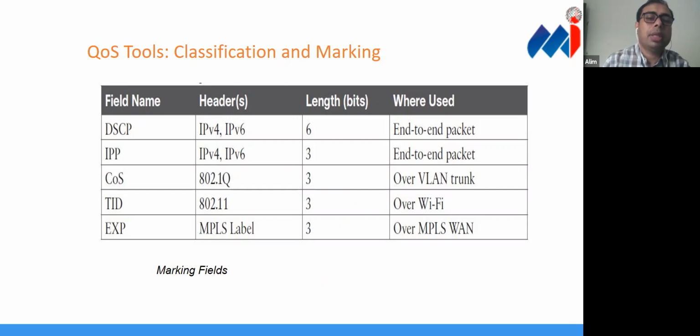There is IP precedence in IP version 4 and IP version 6, which has 3 bits, and there is CoS when we are talking of VLAN trunk. There are 3 bits TID over Wi-Fi. When we send traffic over Wi-Fi, we can also configure quality of service over Wi-Fi, and in MPLS there are EXP bits. Okay, so just get some idea with this table.